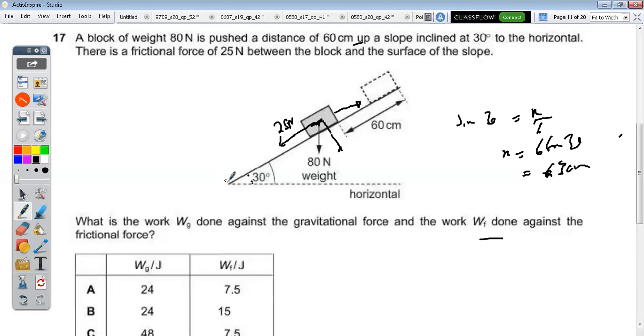This is 30. Okay, wait a minute. I just need to say something here. Let's have the correct geometry there. That is 30 degrees.